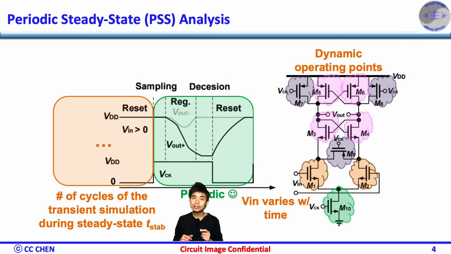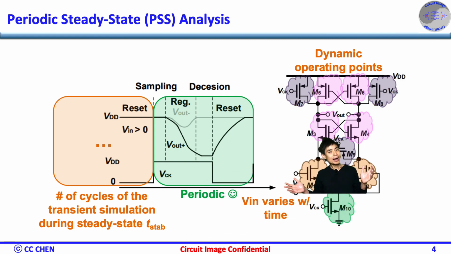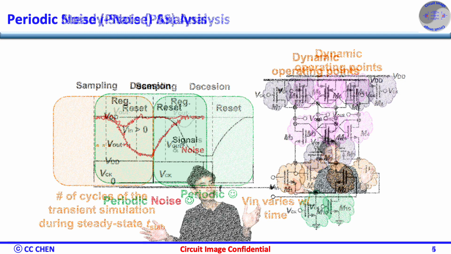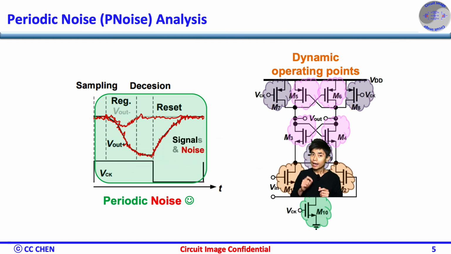After reducing the simulation time to get a steady state operating point, what's the next step? Correct. Similarly, the next step is the periodic noise Pnoise analysis. After the PSS analysis, the sampler's periodic operating point is the starting point for the periodic time-varying Pnoise analysis.